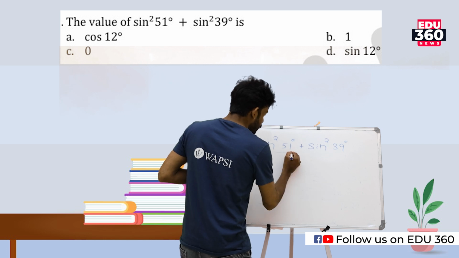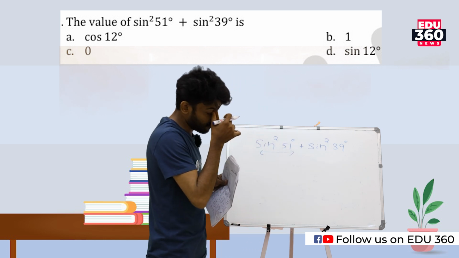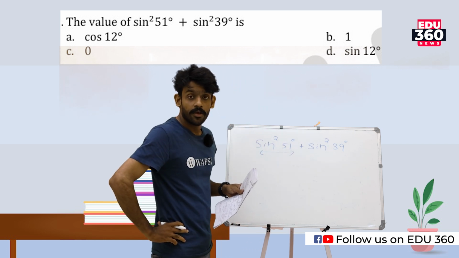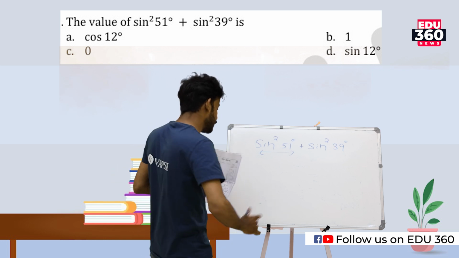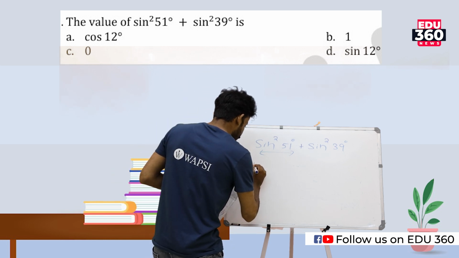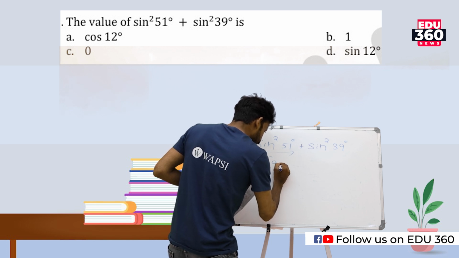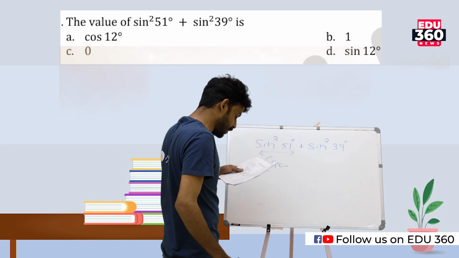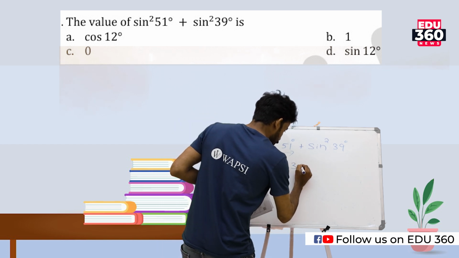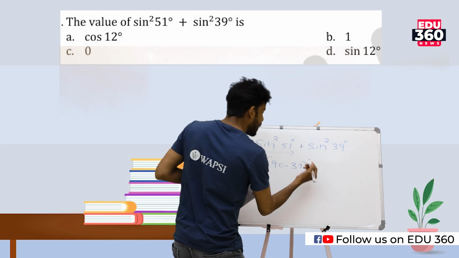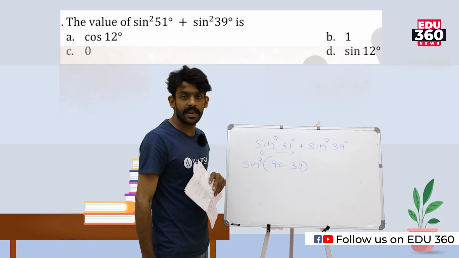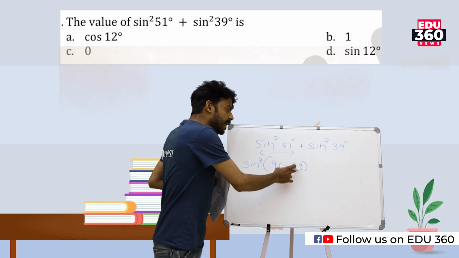First of all, we can consider the first term, sine square 51 degree. We can write sine square 51 degree as sine square of 90 minus 39. What is 90 minus 39?